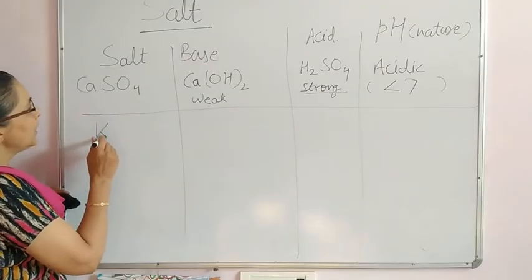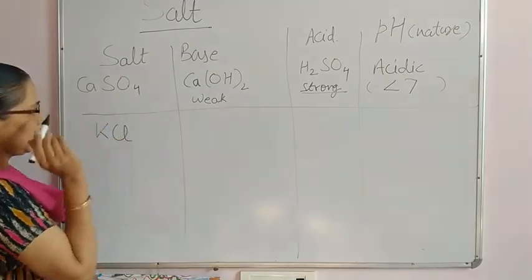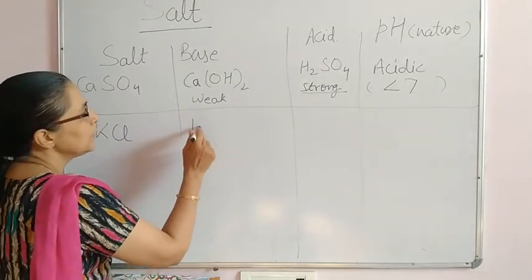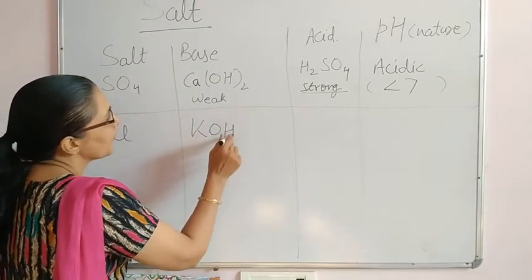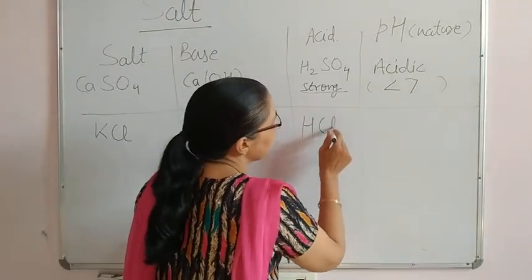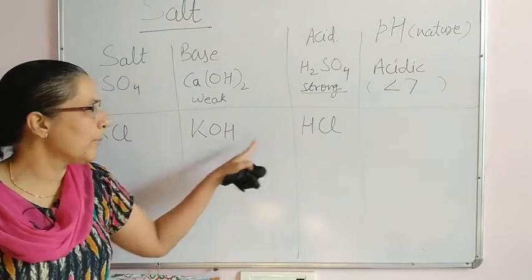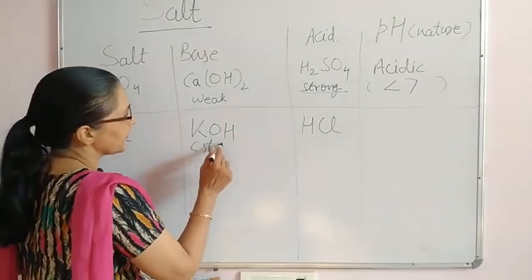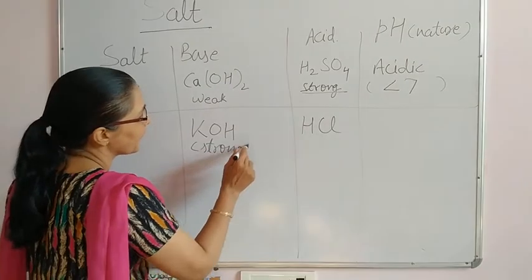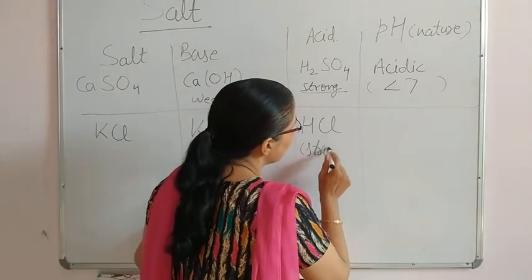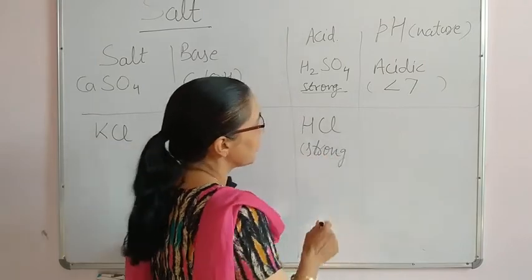Now I am taking the next example for you. For example, KCl. Along with K put OH, along with Cl put HCl, by keeping valency in your mind. Now KOH is a strong base, HCl is a strong acid.